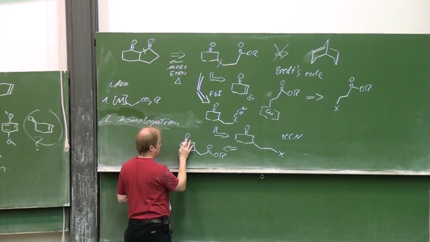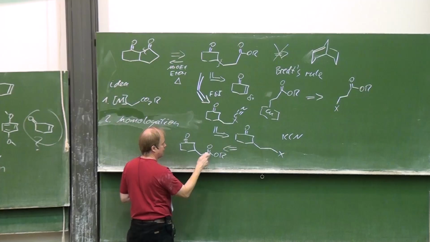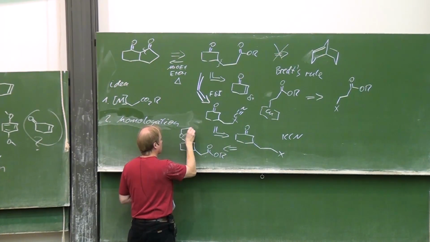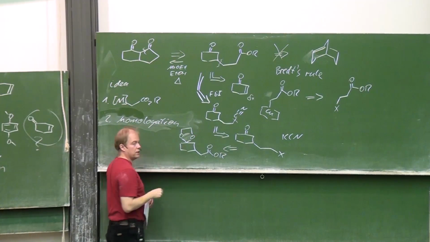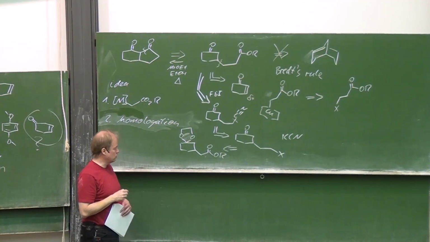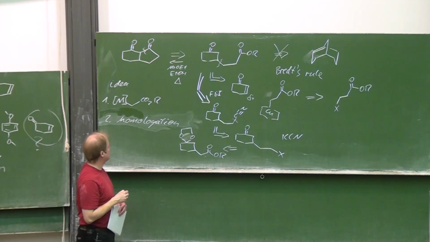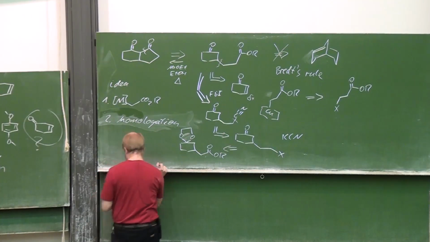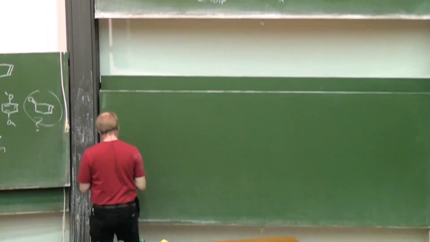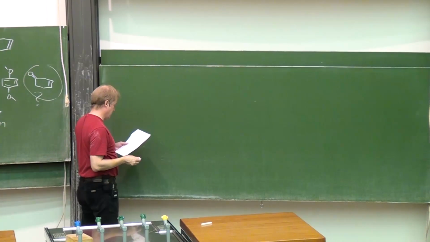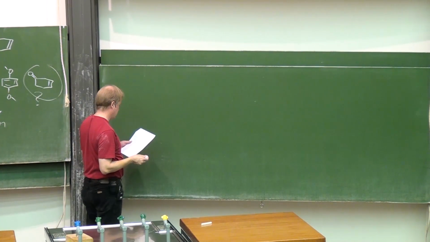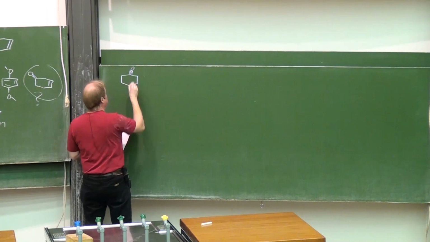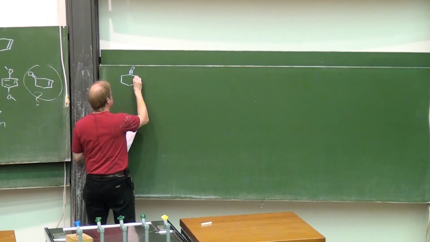However, reducing that ester to the alcohol is only feasible if we have that carbonyl group protected. So, this is the retrosynthetic analysis, and it has been done as a real lab synthesis.